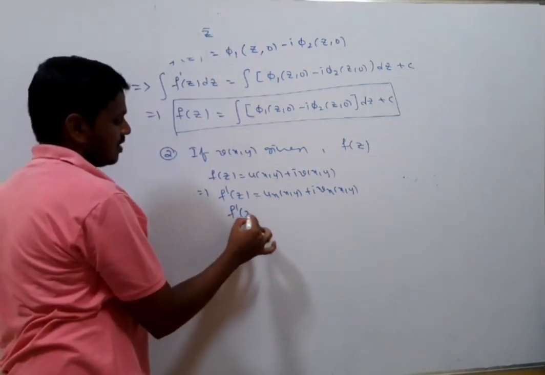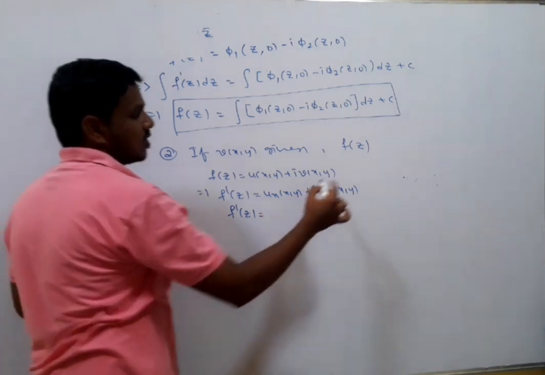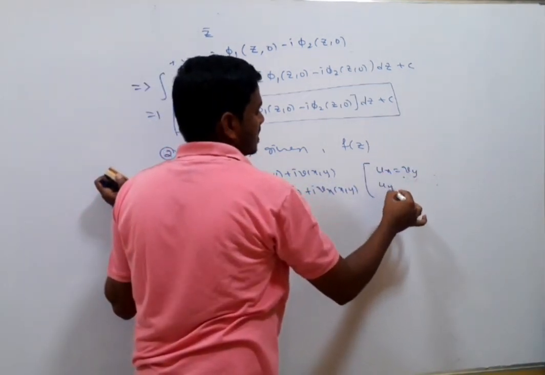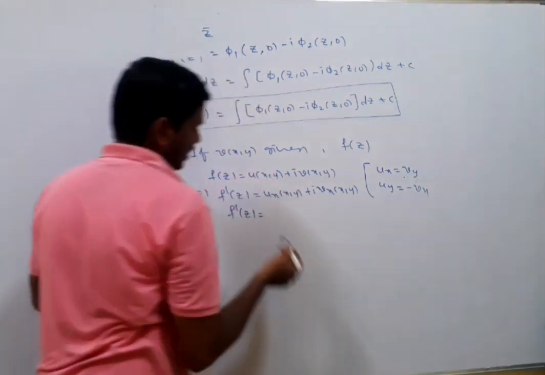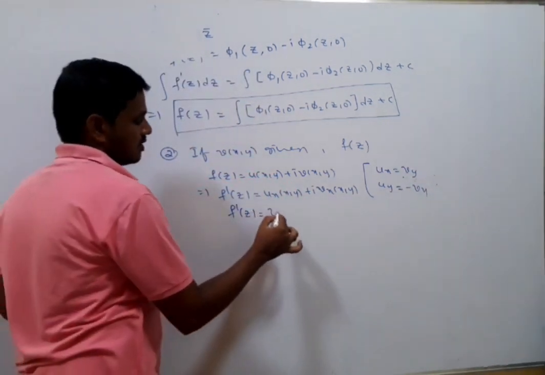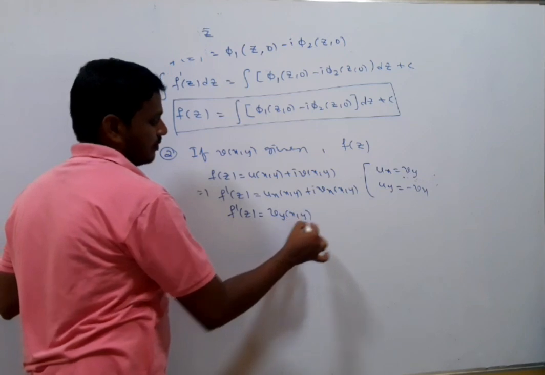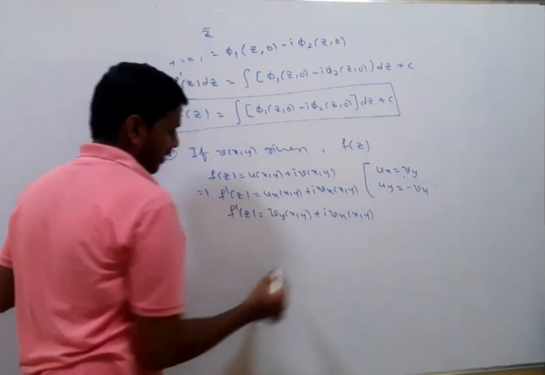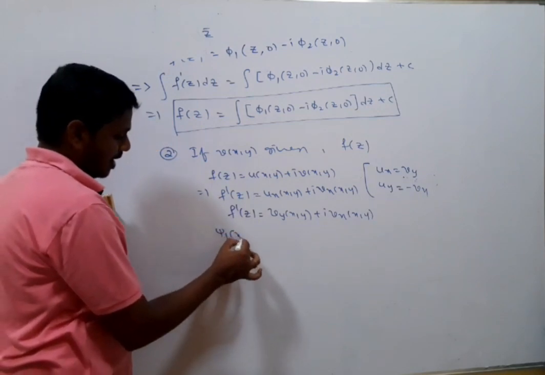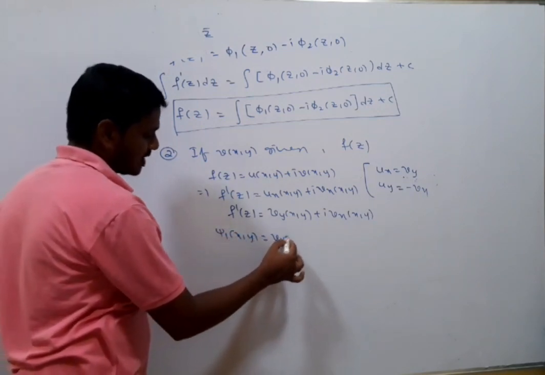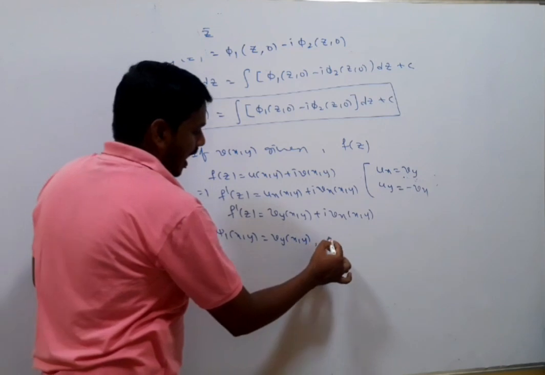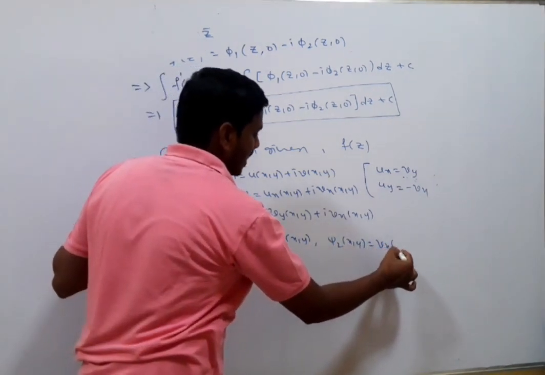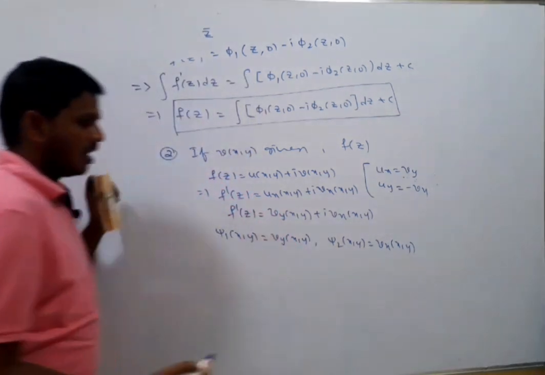F dash of z is equal to, since ux is equal to vy, and uy is equal to minus vx, in terms of v I am writing vy of x comma y plus i vx of x comma y. If I take psi 1 of x comma y equal to vy of x comma y, and psi 2 of x comma y equal to vx of x comma y, right?